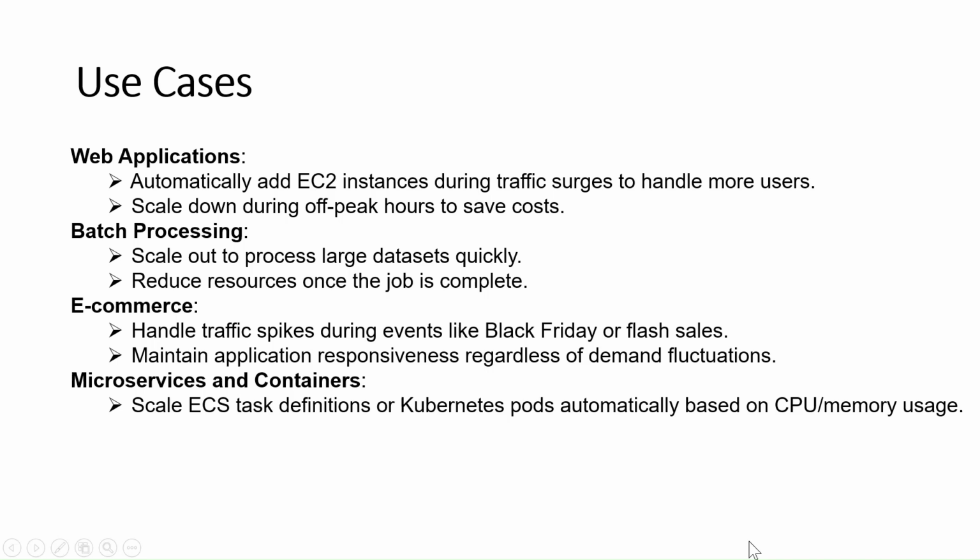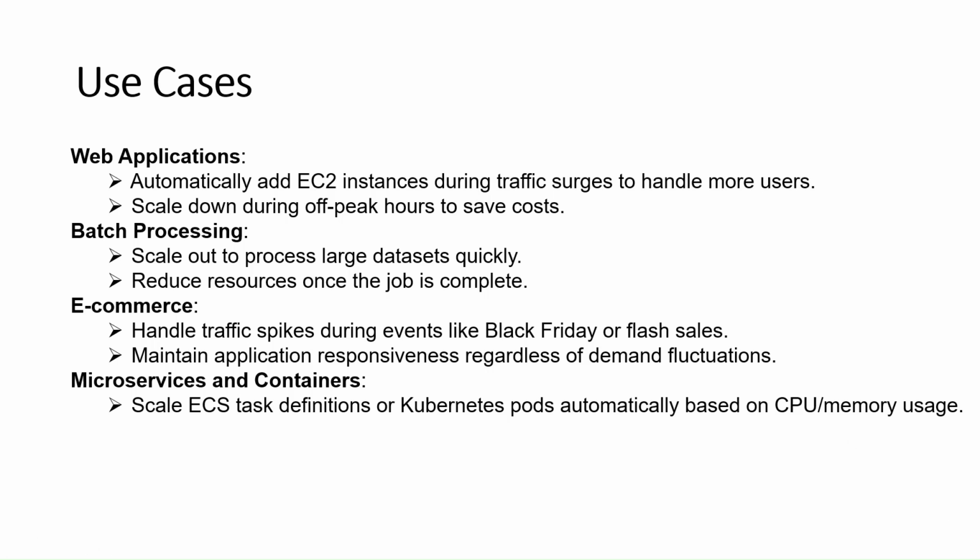Microservices and containers. Scale ECS task definitions or Kubernetes pods automatically based on CPU or memory usage. So for applications using microservices or containers like Docker, auto scaling adjusts the number of tasks or pods based on resource usage, such as CPU or memory. If one service gets a lot of traffic, it adds more containers or pods to that service.